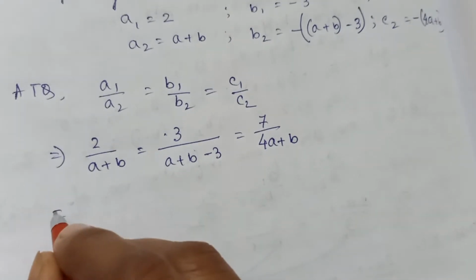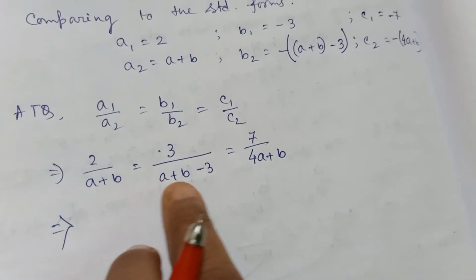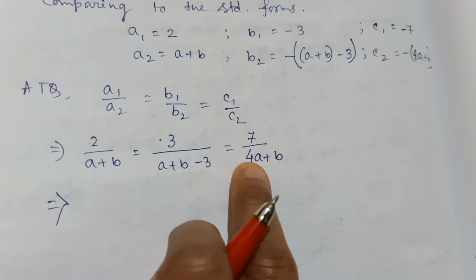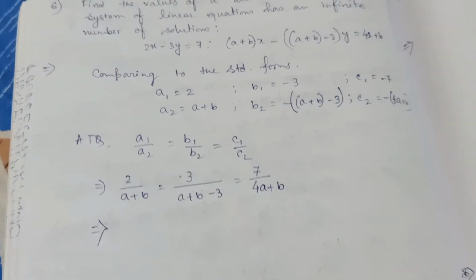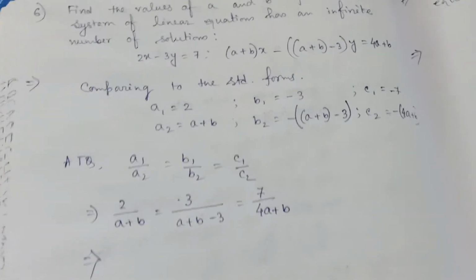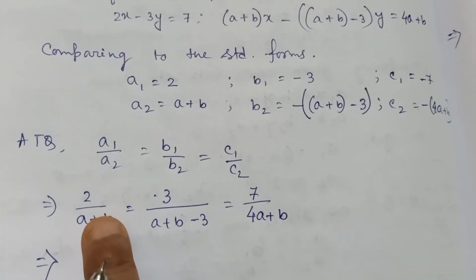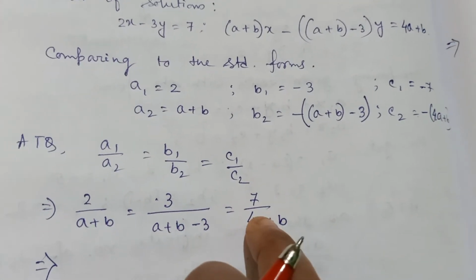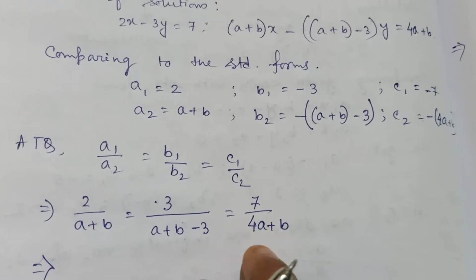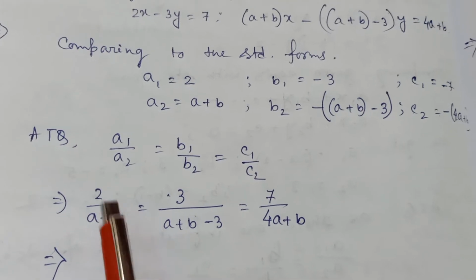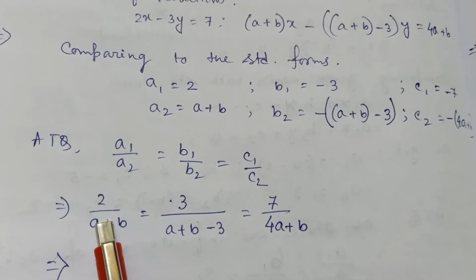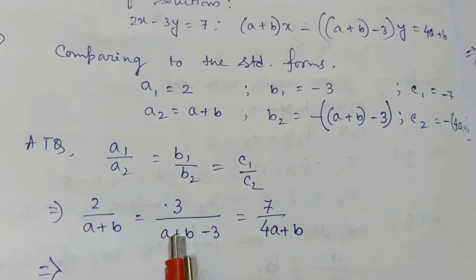Now look at this. I hope now you will understand why I was telling that this particular question is not of the same type as the previous one. In the previous question we had one proper constant term independent of a and b. One expression was of only a, another expression was of only b.